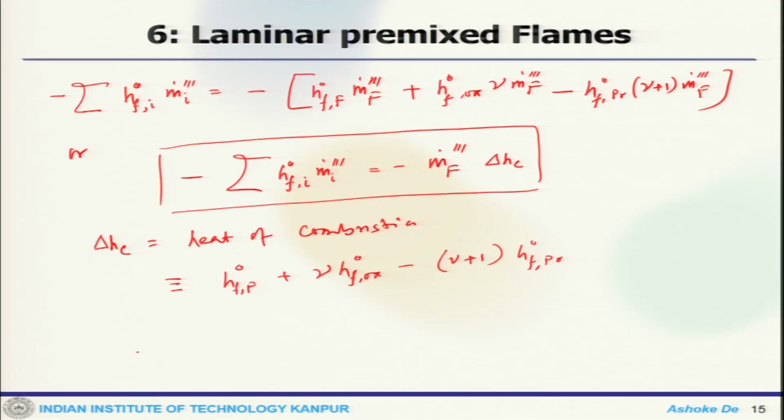Now, we have another assumption, which is Lewis number 1. That tells you kappa is rho D Cp.